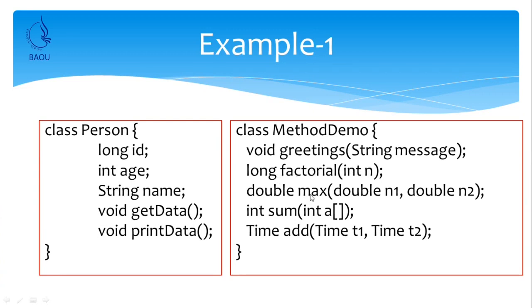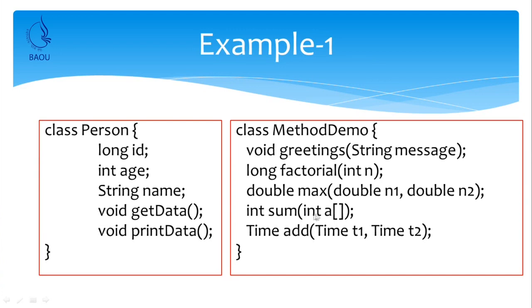So, this is a method which takes an argument as well as returns some value. The next method demonstrates that we can have multiple arguments also. So, here we take two arguments or two parameters n1 and n2, find the maximum of these two values and return it as a double value, and our method name is max. The next method demonstrates that we can have an array as a method argument also.